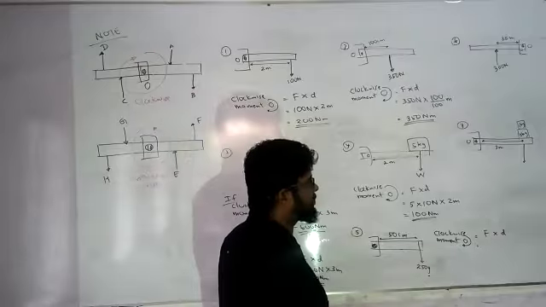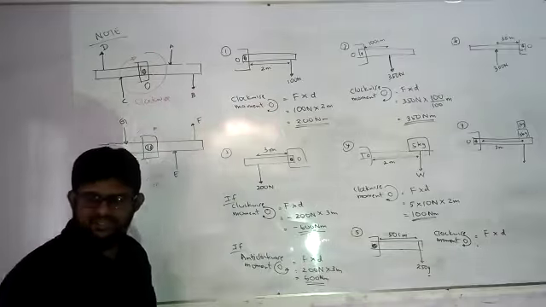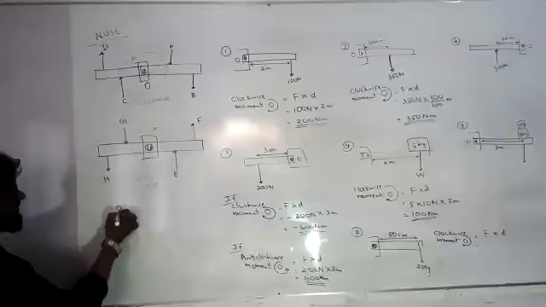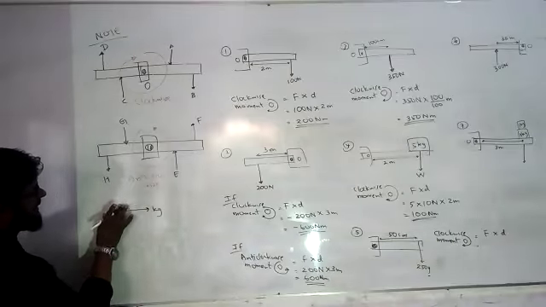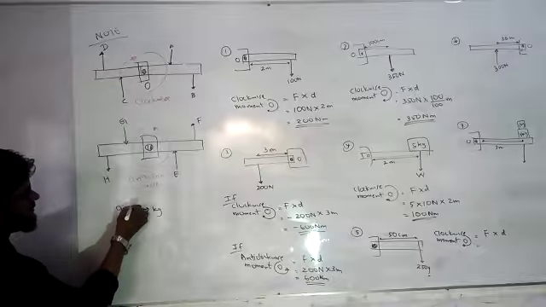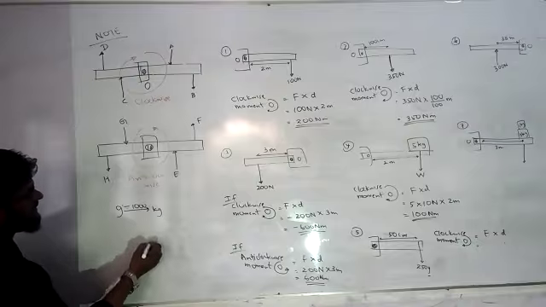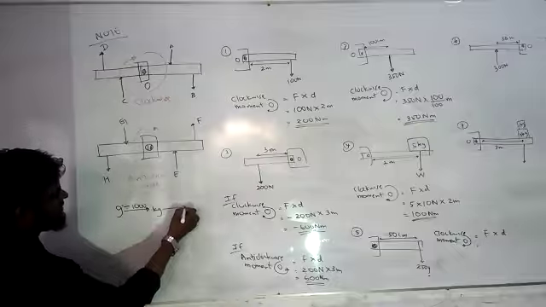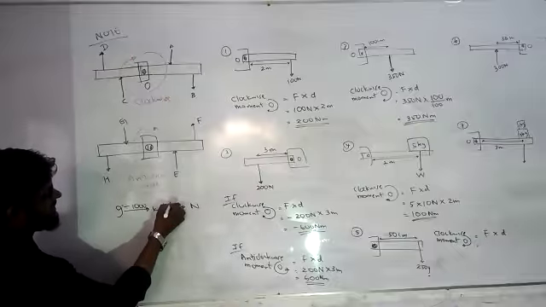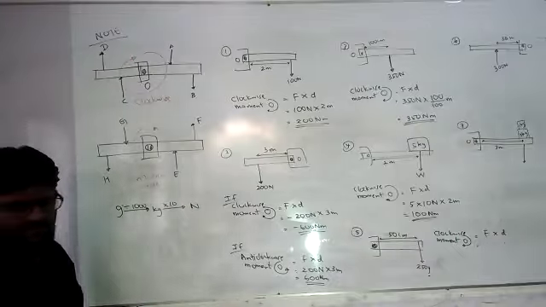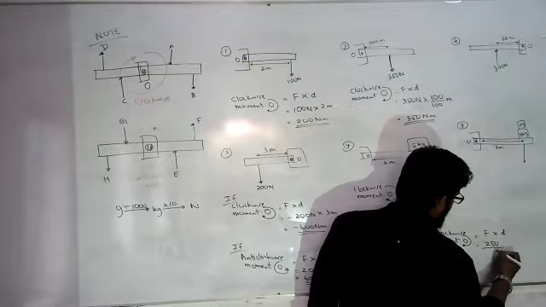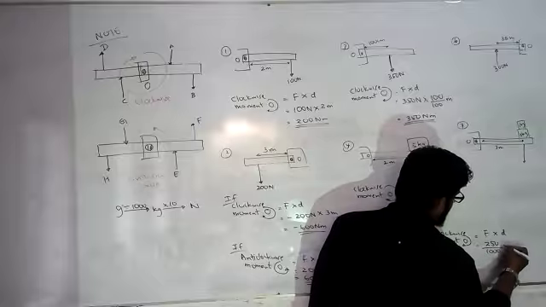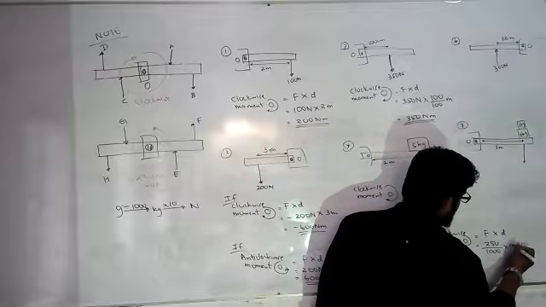So what are you supposed to do to convert grams into newtons? Convert grams into kilograms by dividing by 1000, and then kilograms into newtons by multiplying by 10. So 250 grams divided by 1000 into 10 is the newton.